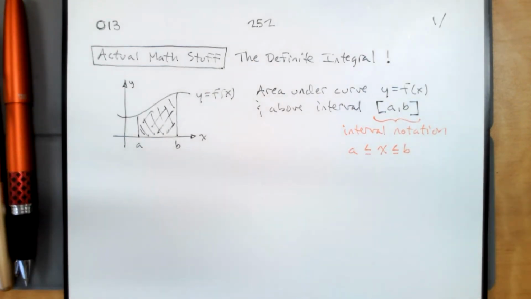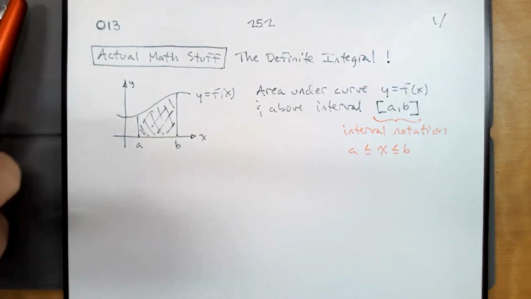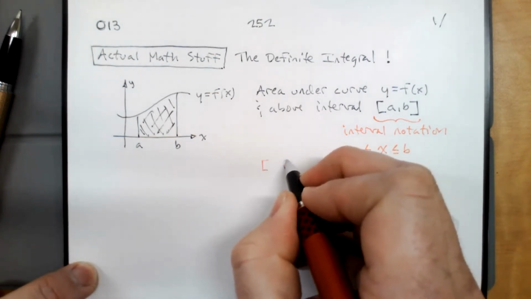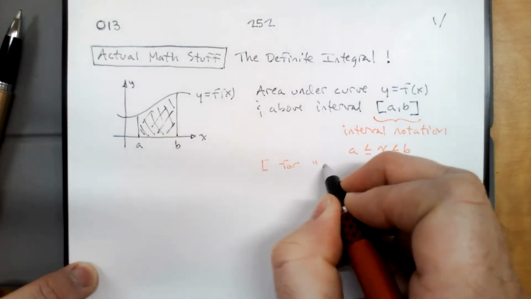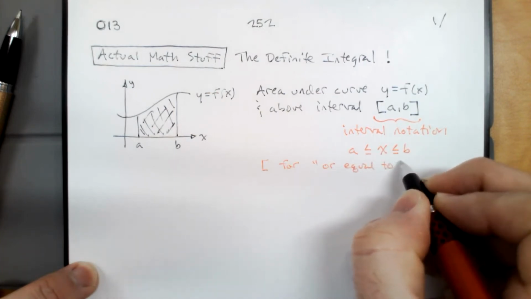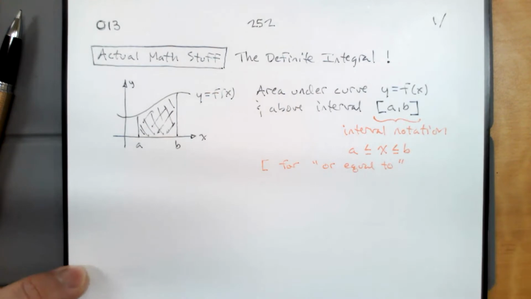Square brackets give us the or equal to part. If I had used parentheses, then the value contained by the parentheses would not be included.